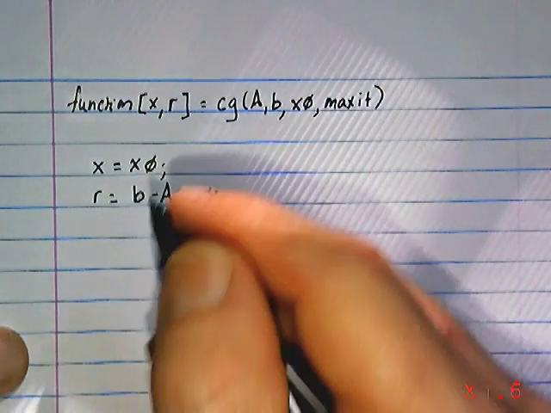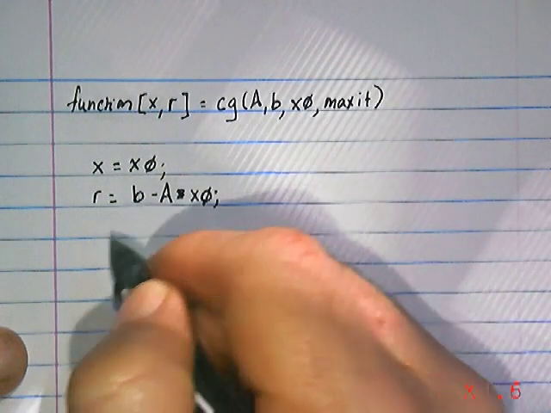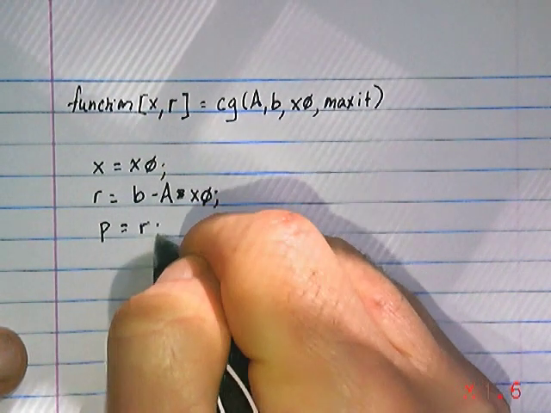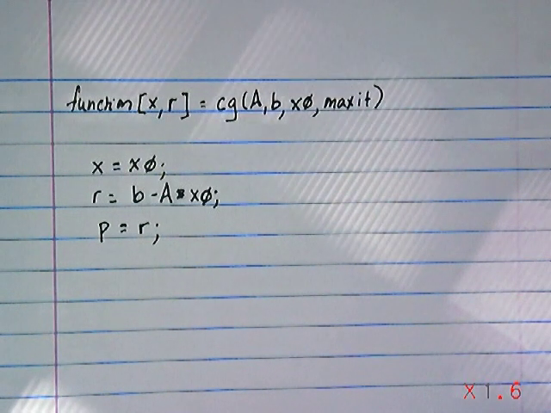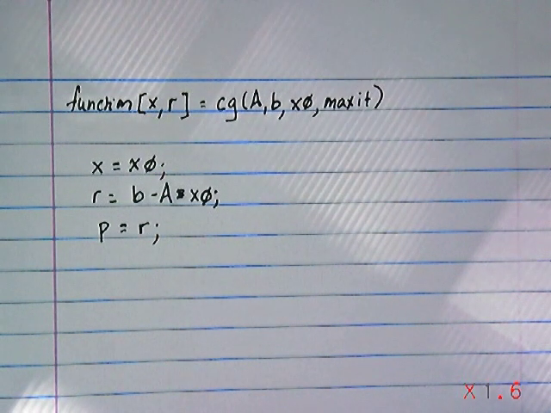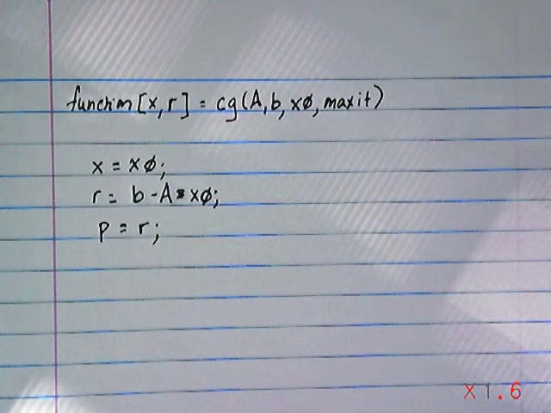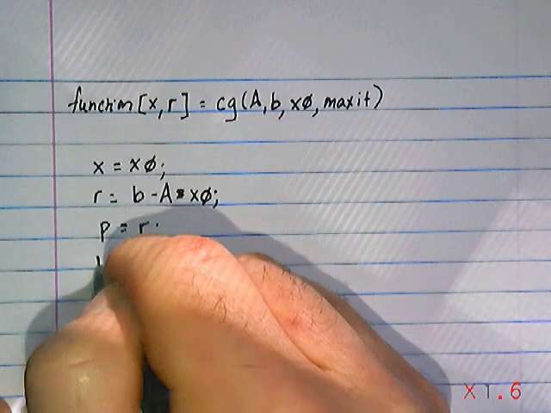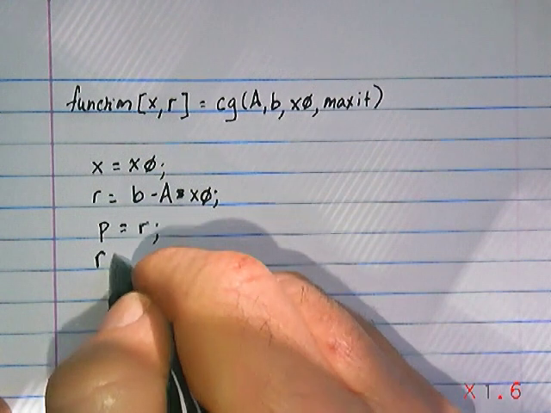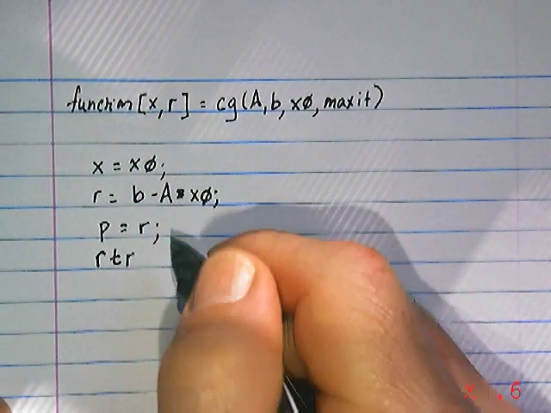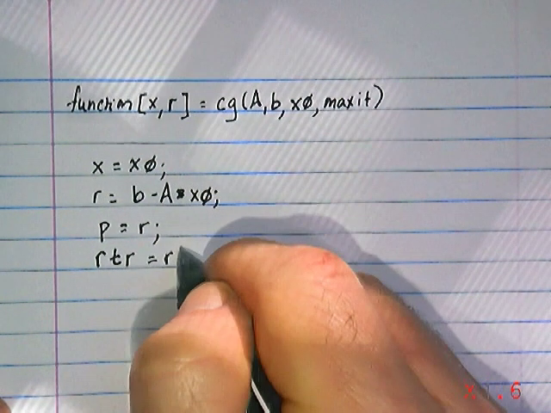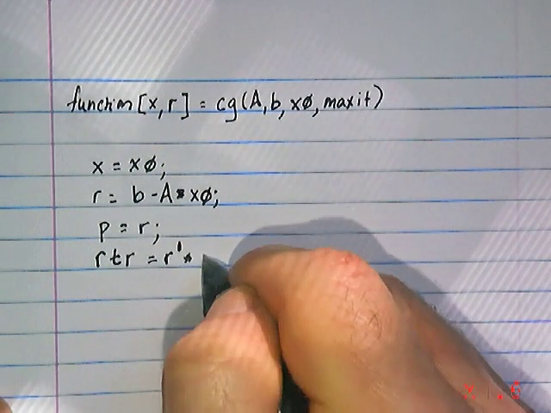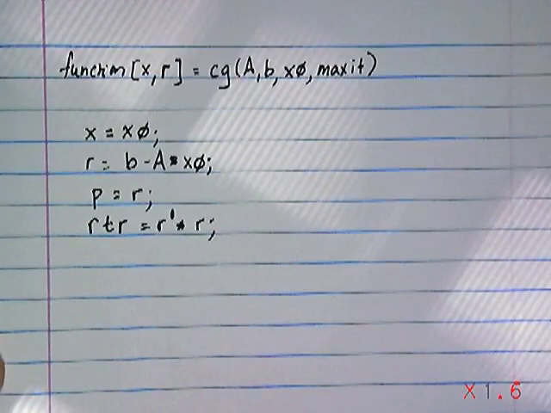We use the first direction vector as the residual, and we'll call that p, and we'll store r in that. And we're going to need some norm information later to update beta_k. So we'll go ahead and compute r transpose r, in the spirit of trying to get the 2-norm, and we'll call that variable rtr. That will just be r transpose, with the apostrophe in MATLAB, times r. And we're ready to go.